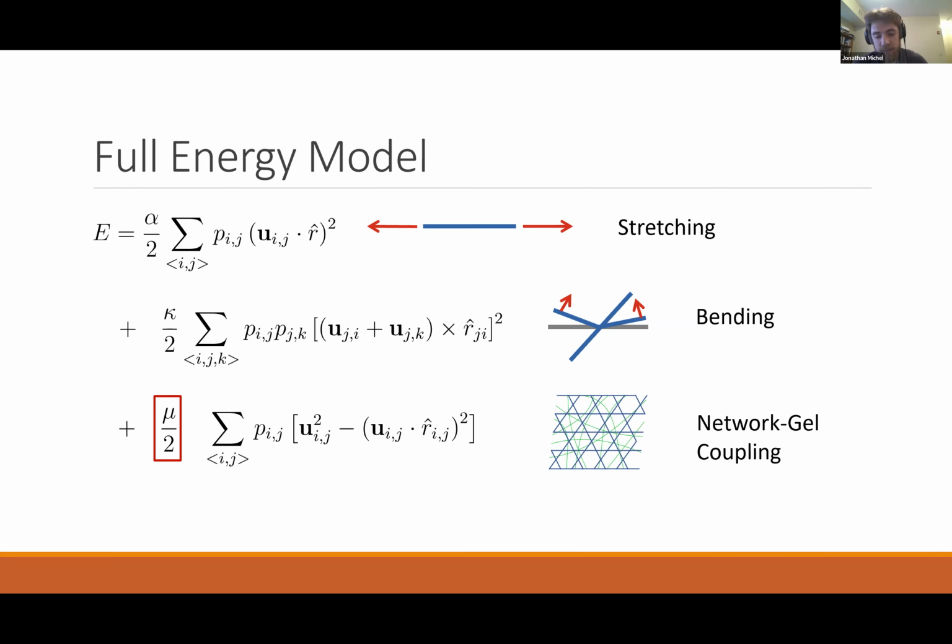The idea is that that transverse component of the displacement corresponds to those two vertices applying a shear traction on the gel, on the volume of gel that separates them. And so this final term captures the network gel interaction.